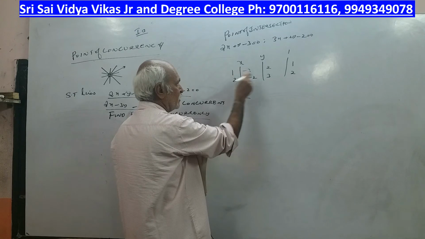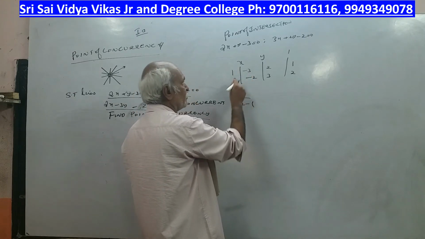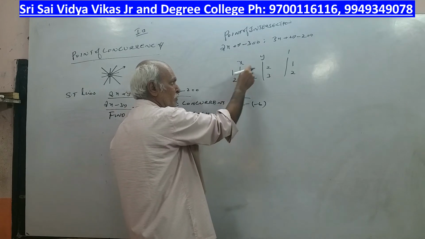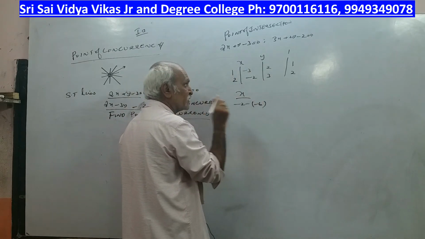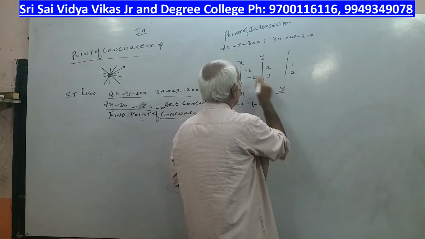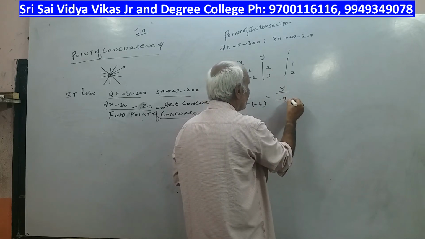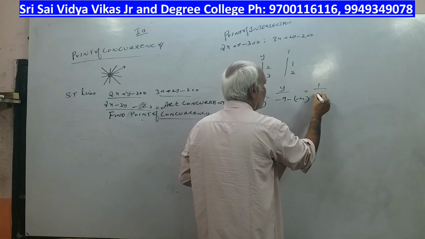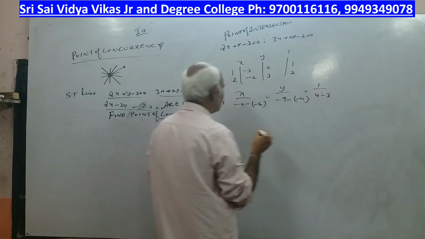X by minus 2, minus of minus 6. 1 into minus 2, minus 2. 2 into minus 3, minus 6. Always minus sign will come. Okay, y by minus 3 into 3, minus 9, minus of minus 4 is equal to 1 by 4 minus 3.